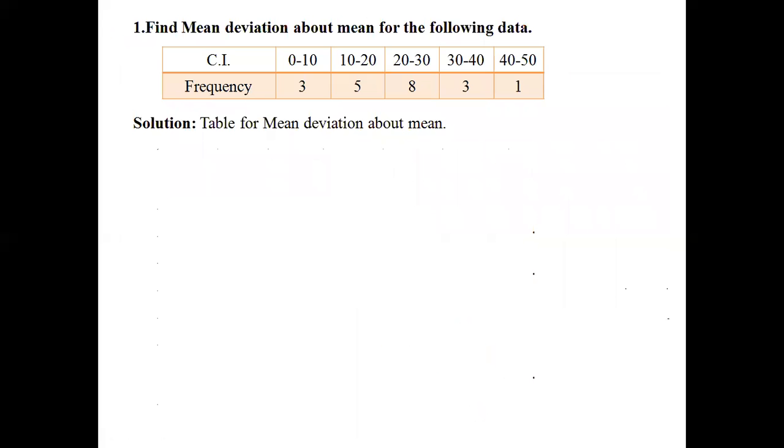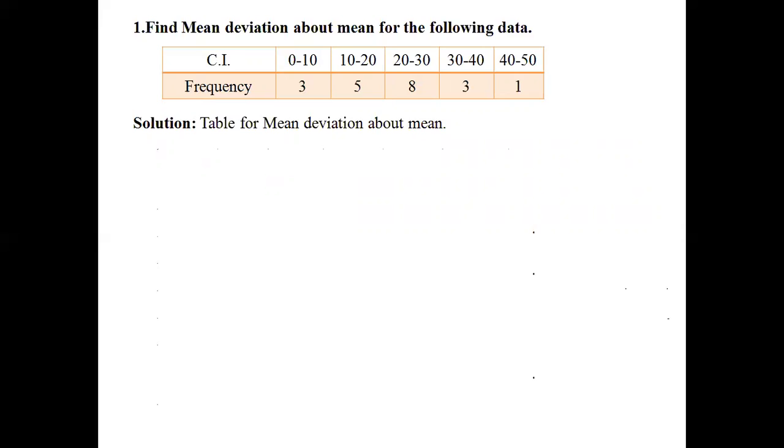So let us discuss the example. Find the mean deviation about mean for the following data. In this example, we are given the class interval and its frequency. The solution: the first step is to find the mean.